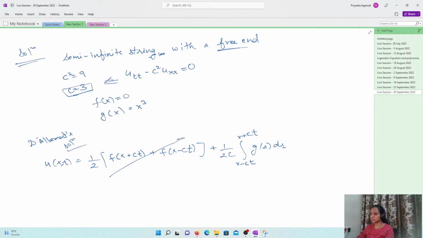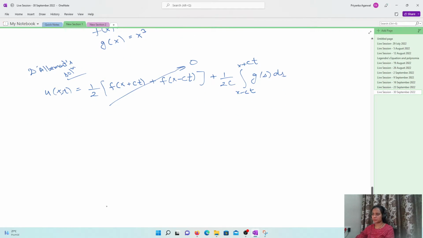Now this part should become 0 because f(x) is 0. So we are only left with this thing. So let's say x minus 3t. If it is greater than 0, that is the case when x is greater than 3t, u(x, t) can be written as 1 by 2 into 3 integral x minus 3t to x plus 3t.